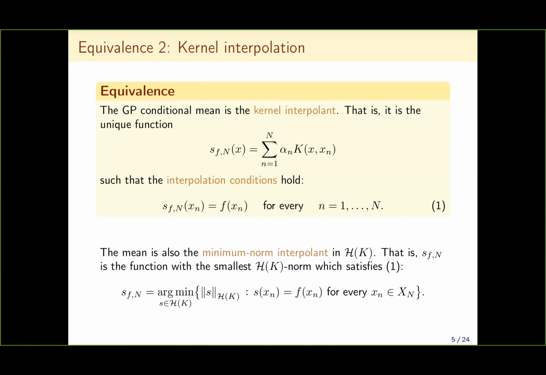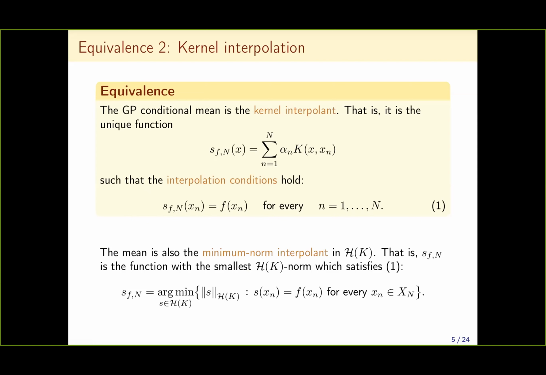And our second equivalence is to kernel interpolation. It's quite easy to show that the conditional mean function of the Gaussian process is the kernel interpolant, which means that it's the unique function that takes this form for some coefficients alpha, such that these interpolation conditions hold. So the value of the interpolant is equal to the value of the function at our evaluation points. There is no smoothing involved here.